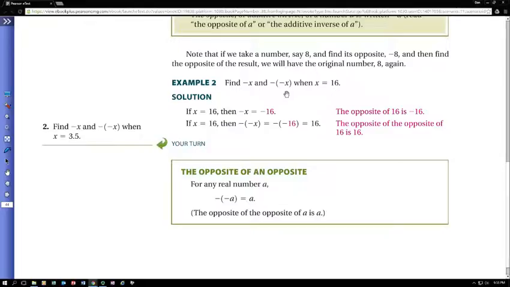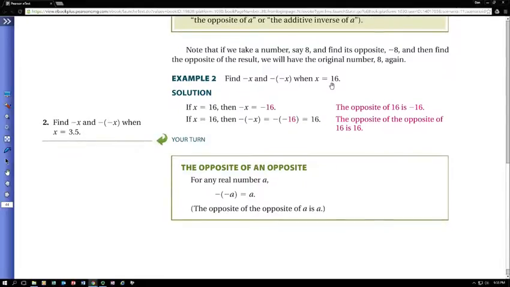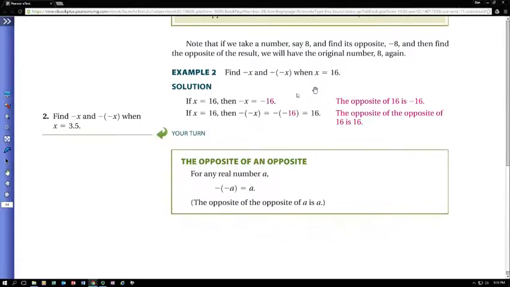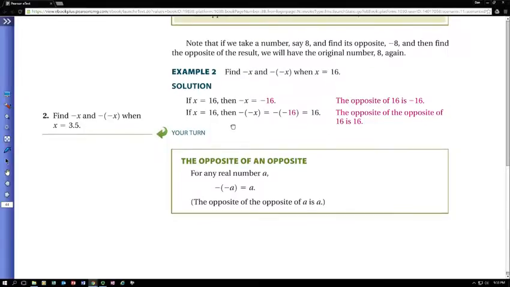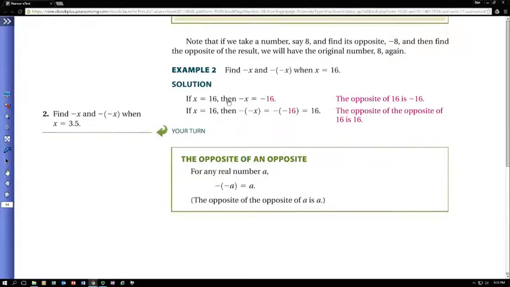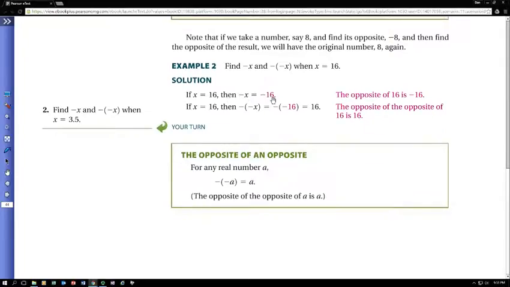So they want us to evaluate this expression when we put in 16 for x. A good way to do this is to put parentheses around the variable, and then I'd have the negative times the parentheses with 16 in the middle. In other words, I get negative 16. In this case here, though, I have the opposite of negative 16.